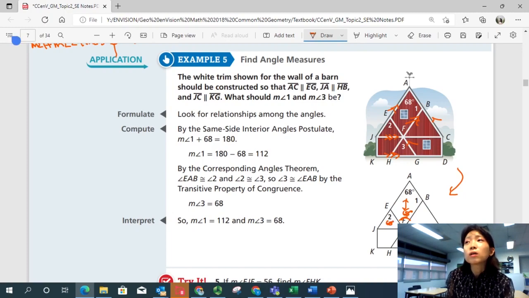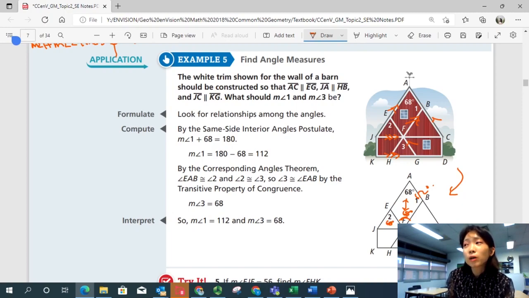So what do you know? What would the measure of angle 1 and 3 be? Well, you know that 1 is supplementary to 68, so 180 minus 68 would be 112. And you know that 2 is 68 as well. What is the relationship between 2 and 3?